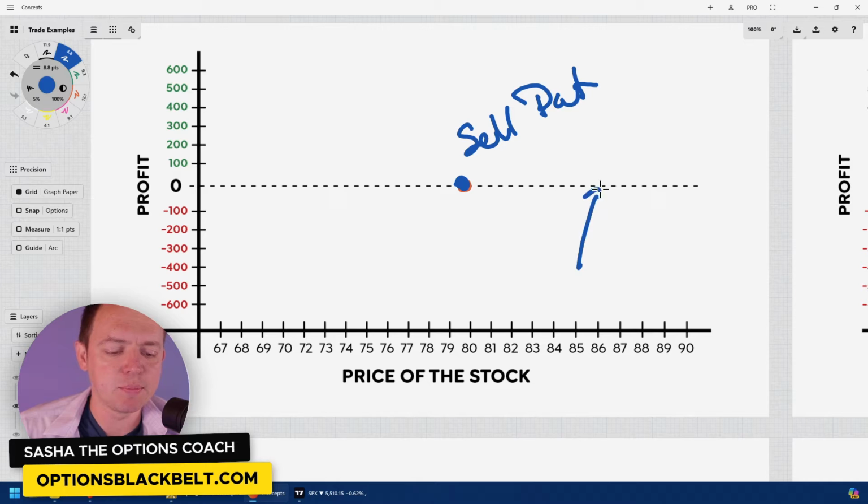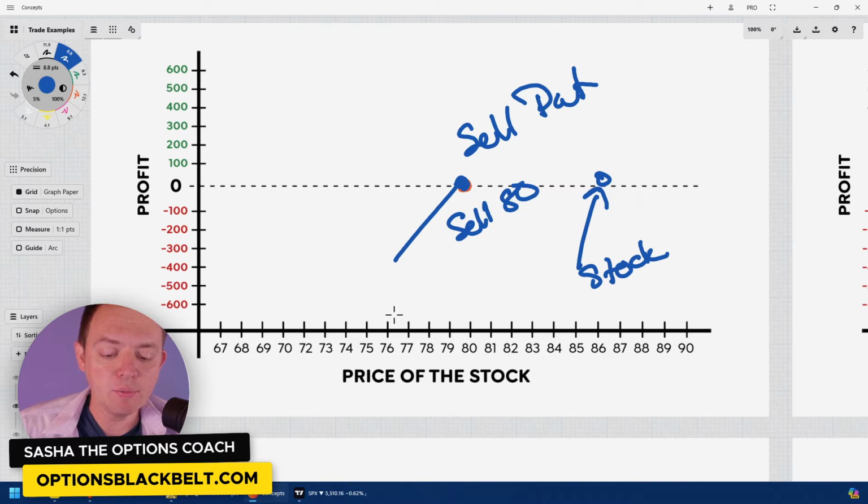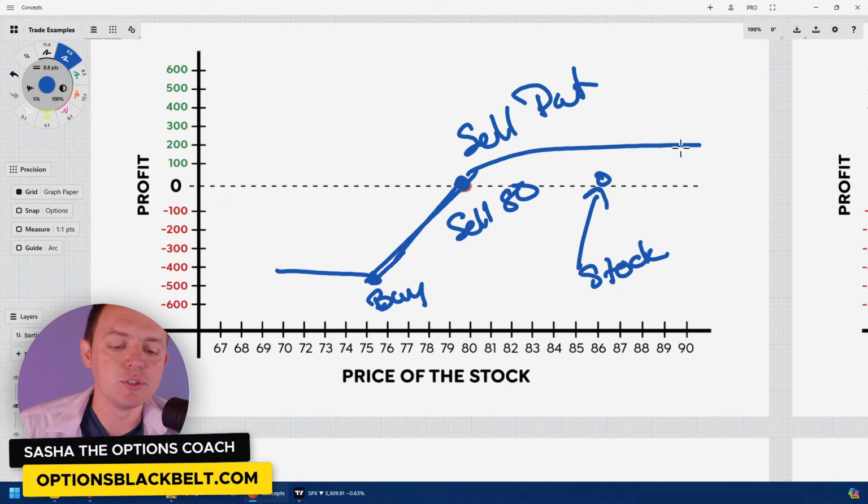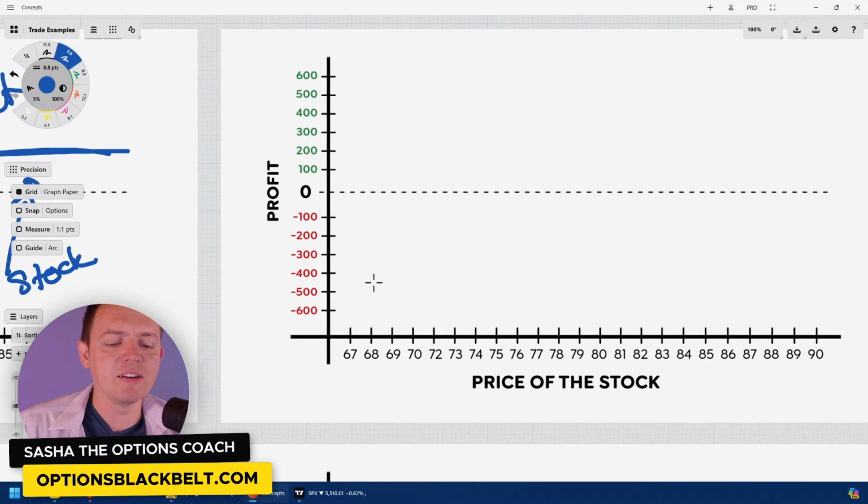Let's say the stock price is at 85. So now you're selling an 80, okay? And then maybe you buy some protection at the 75. That gives you a credit spread. So it ultimately creates a vertical spread. That's one way to do a credit spread.